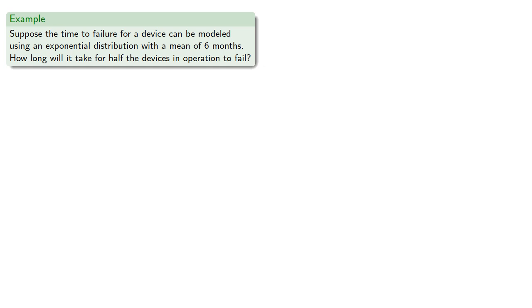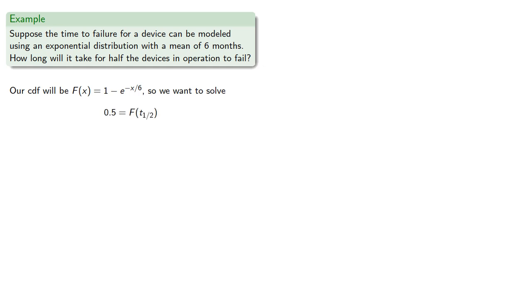Suppose the time to failure for a device can be modeled using an exponential distribution with a mean of 6 months. How long will it take for half the devices in operation to fail? This time, since we remember we actually have a cumulative distribution function, we'll go ahead and use it. So we know our rate parameter is going to be 1/6, so our CDF will be, and so we want to solve.